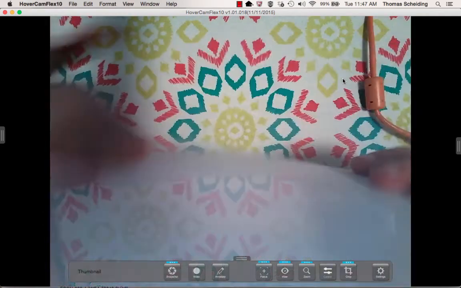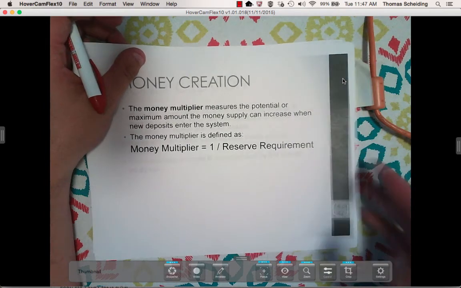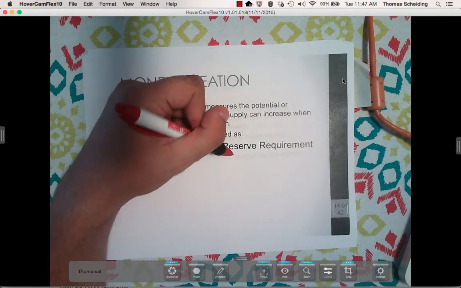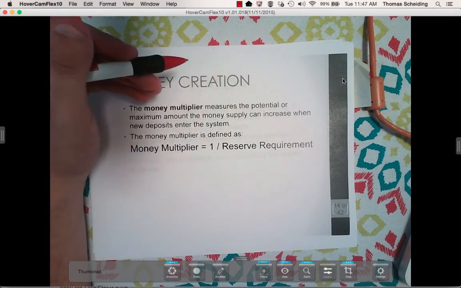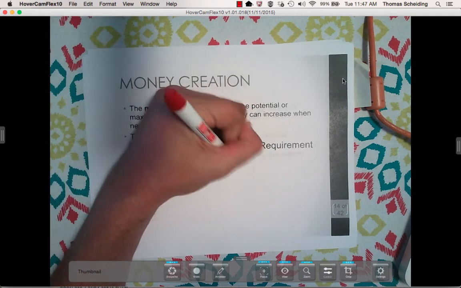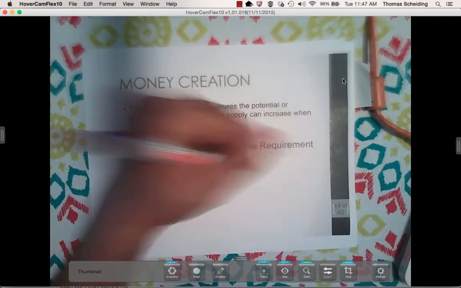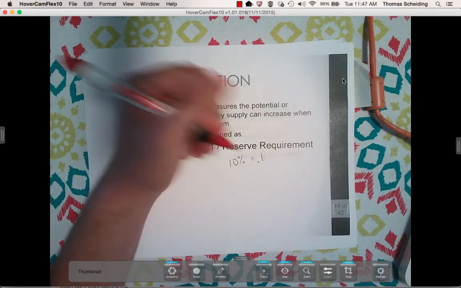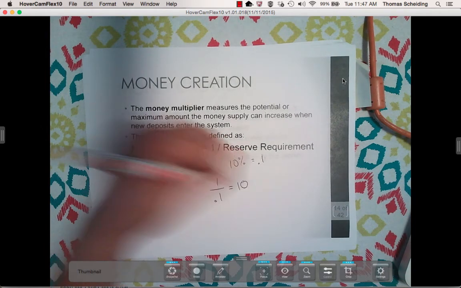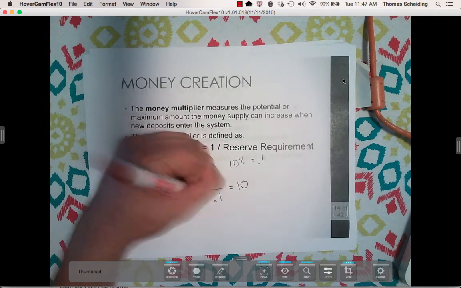What it creates for us is a money multiplier. And what that money multiplier does is it basically says, okay, what's your reserve requirement? Let's notate it as a whole number. In this case, let's say that a 10% reserve requirement is equal to 0.1. Then 1 over 0.1 is equal to 10. That's my money multiplier.